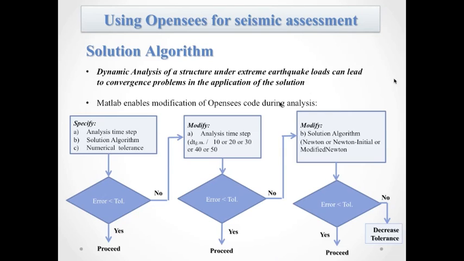If this doesn't work, then the code changes the solution algorithm. There are many options in OpenSees, many solution algorithms that we use. And finally, if all this doesn't work, then we have to decrease the tolerance. But we set a limit for this, because beyond it the results will not make sense. So if the error is still higher even for a very, very small tolerance, then we discard these results and we don't take them into account.